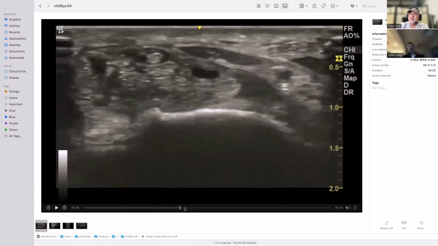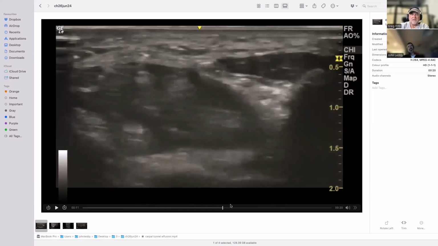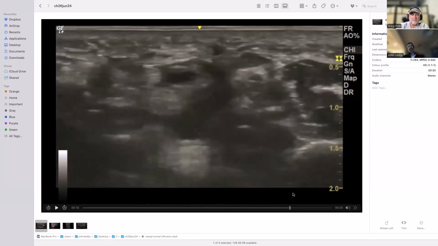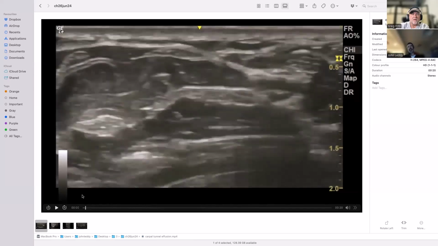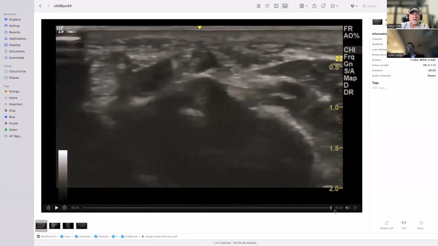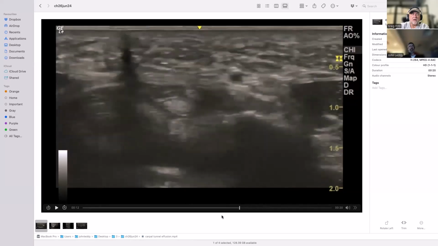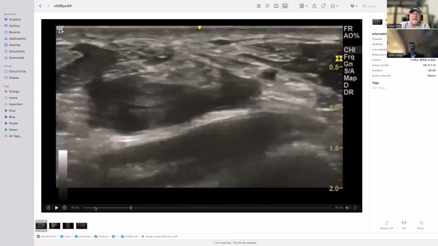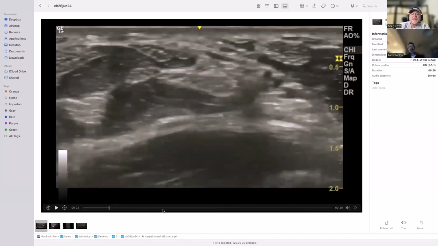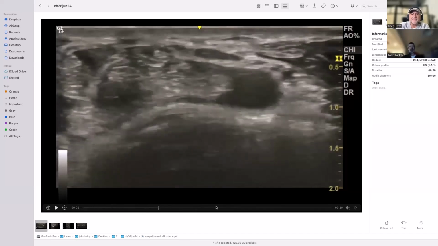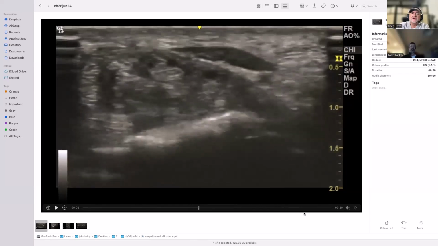And this is something I come across not infrequently. This will show up, probably 2 or 3 times a year for me. So it's not common. It's free fluid that is surrounding the myotendinous junction of finger flexors. Yeah.